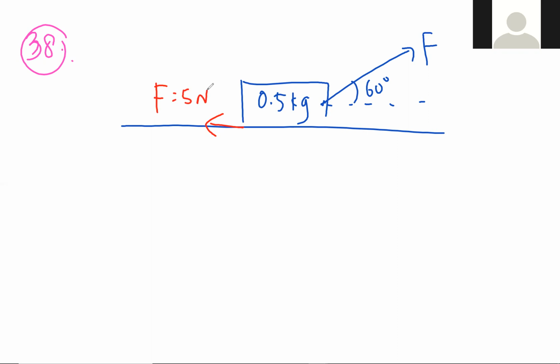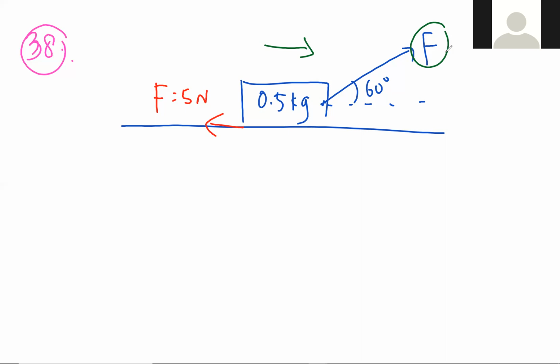So first, let's find the direction of motion. The direction of motion is the green arrow. It is moving to the right, okay? So moving to the right, friction should be acting to the left. Now, first thing is that you have to resolve the force down to the horizontal force, because the frictional force and the applied force are not acting in the same direction.